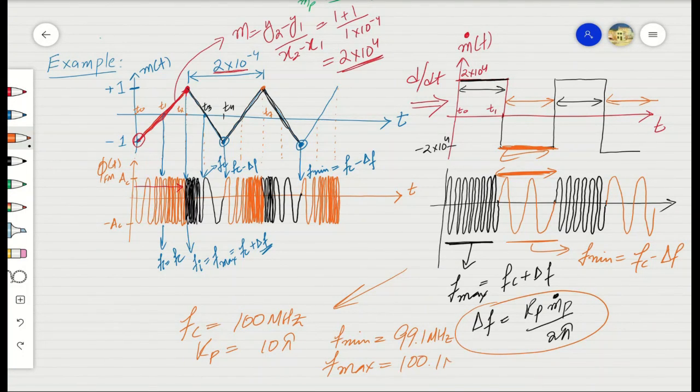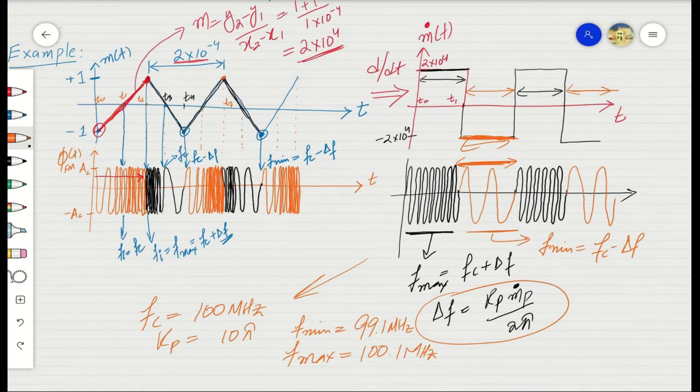That is, for a carrier frequency fc of 100 megahertz, the maximum frequency f max that is being generated is 100.1 megahertz, and the minimum frequency that is being generated is 99.9, sorry, it was 99.9 megahertz.